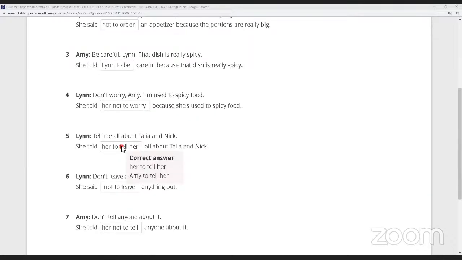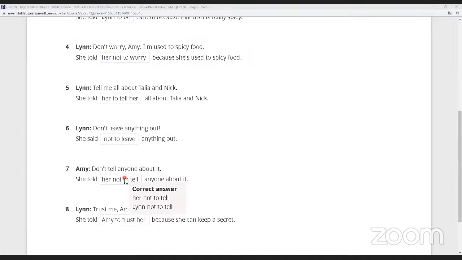She told her, porque está hablando acerca de Amy, o mencionar el nombre, Amy. Y lo mismo en el número 7, pero después problemas de gramática, de la estructura no se ha visto, así que solo es cuestión de prestar atención quién es la persona. All right? Okay. Do you get it?